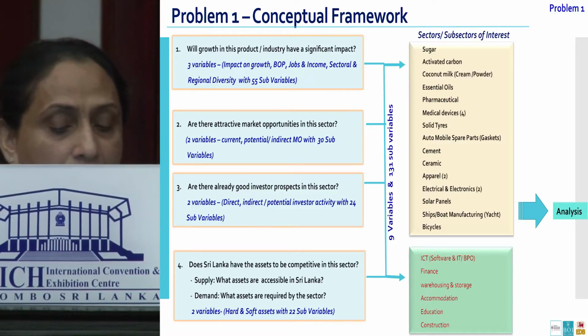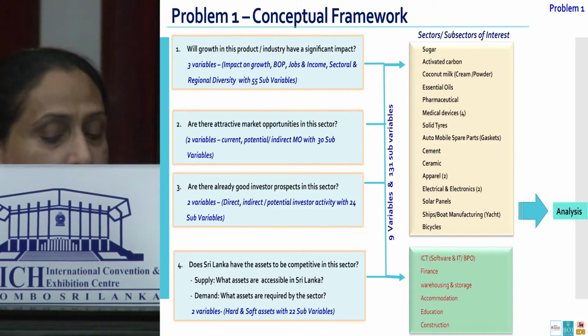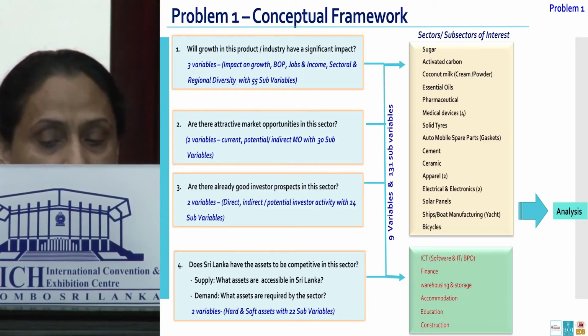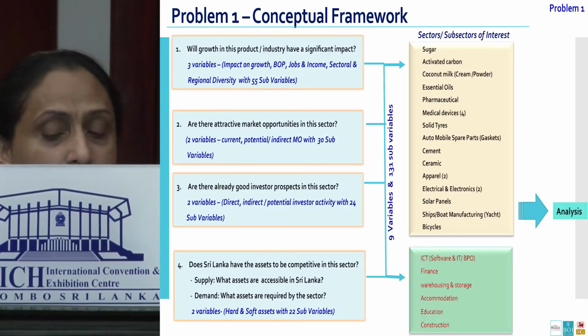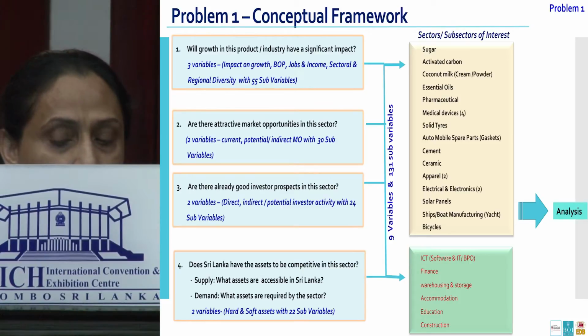And does Sri Lanka have the assets, supply and demand both, soft and hard assets, to be competitive in this sector? 2 variables with 22 sub-variables. Then we identified these 27 subsectors, which included about 7 main sectors too.